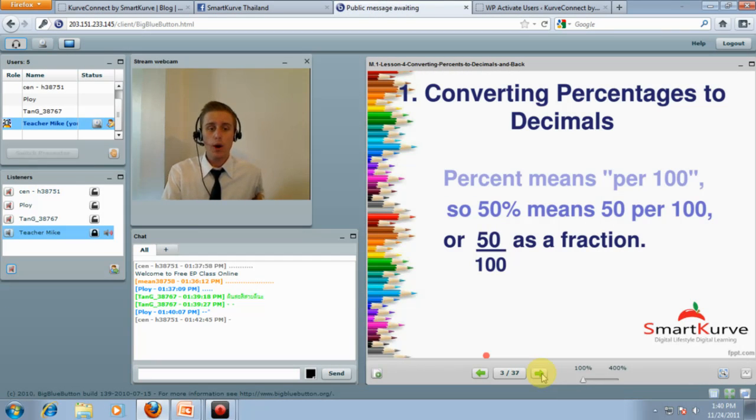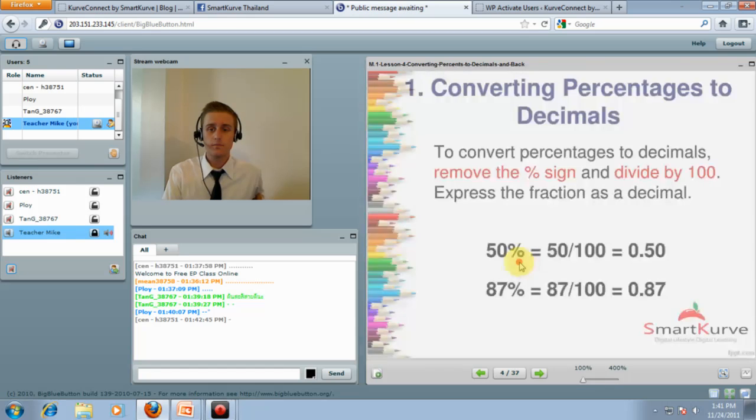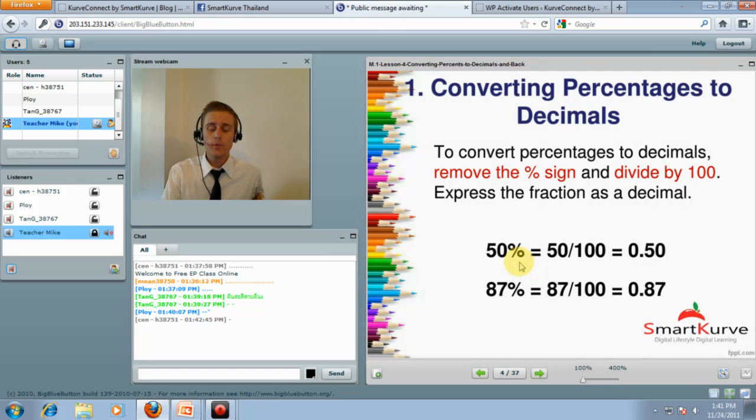Percent means per 100. So 50% means 50 per 100, or as a fraction, 50 over 100. To convert percentages to decimals, remove the percent sign and divide by 100. Right here we can see 50%.